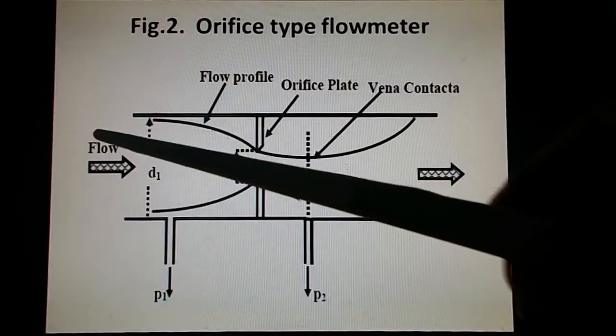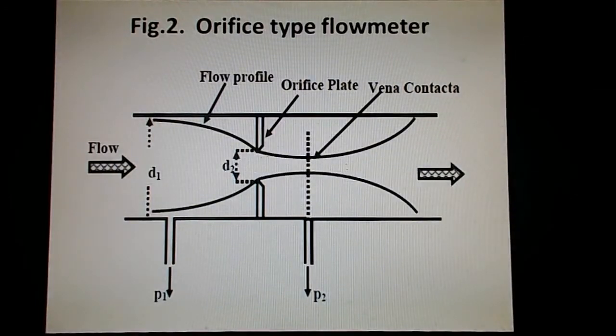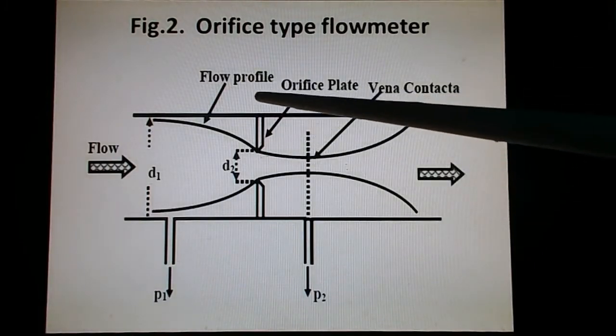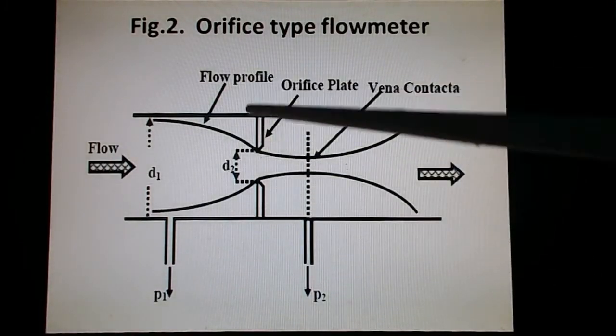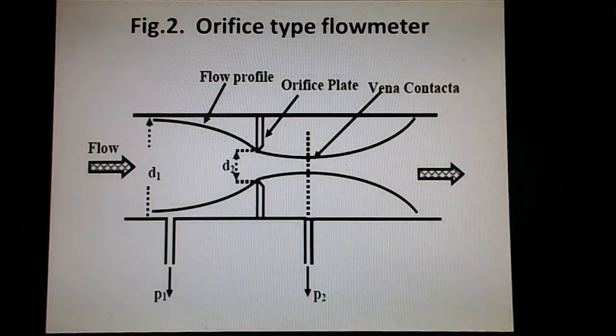Here is the pipe in which the flow is taking place. In the passage of the flow, we have put an obstruction in the form of an orifice plate. The pipe diameter is D1. The area of cross section of pipe is A1.